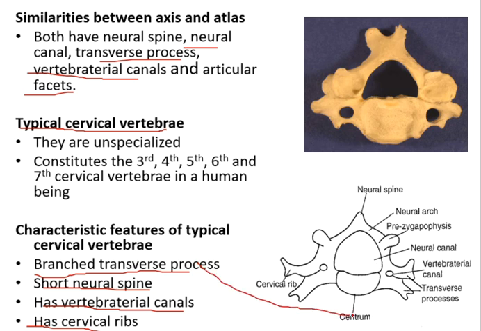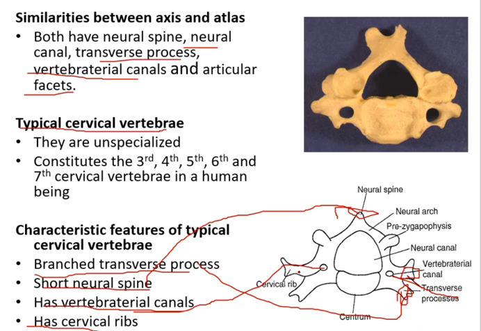We have the branched transverse process here, as you can see, here and here, and the branched transverse process increases surface area for muscle attachment. Then the short neurospine here is for attachment of muscles. Vertebral canals, you can see them here. There are two here for passage of nerves and blood vessels.